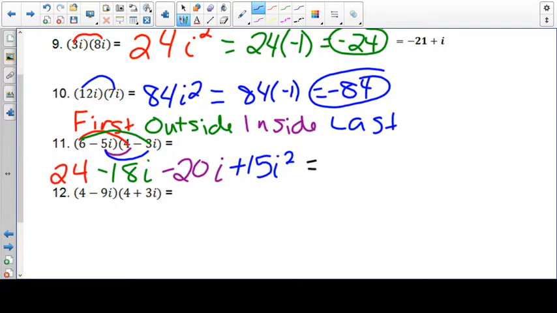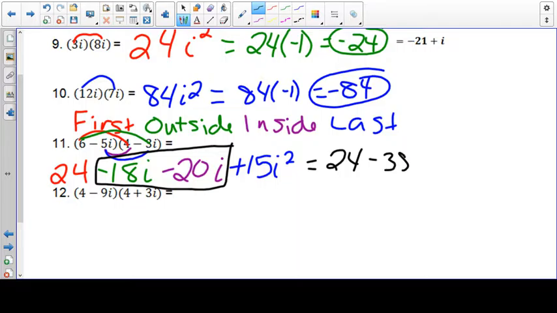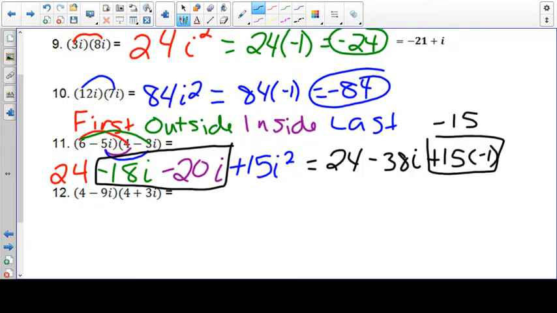So for right now I have 24, -18i minus 20i turns into -38i, plus 15 times -1. Do you agree with me that this last piece will be minus 15? Because 15 times -1 is -15.